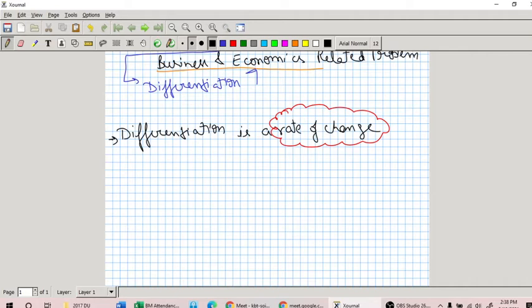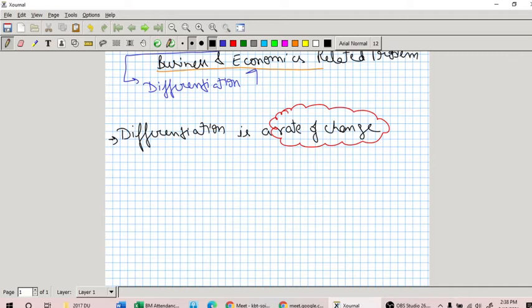And one of the primary interpretations of this derivative is its application as a rate of change concept. And that application triggers many ways of using derivatives in science and engineering as well as social sciences.